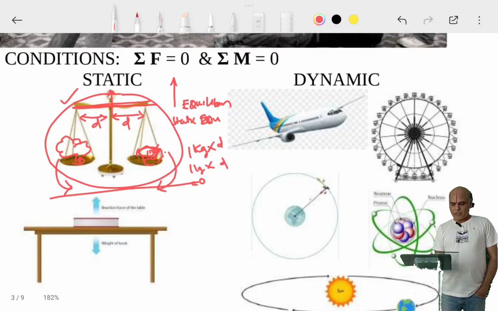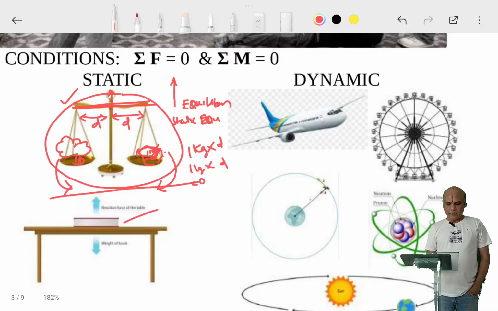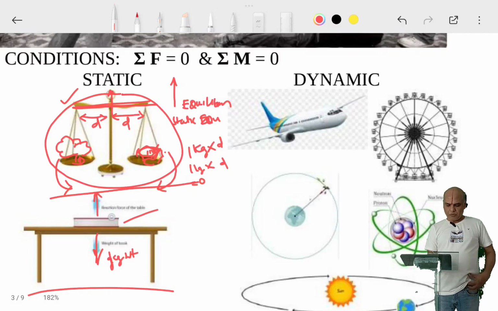Similarly, if you consider a book that is placed on a table, the weight of the book will act perpendicularly down. That is, the mass of the book is attracted towards the earth by the force of gravity. So this would be the kg weight. And the table would offer a reaction which is equal and opposite.